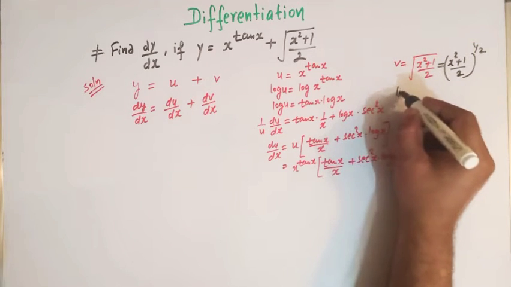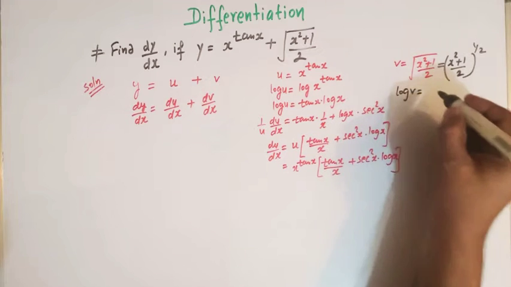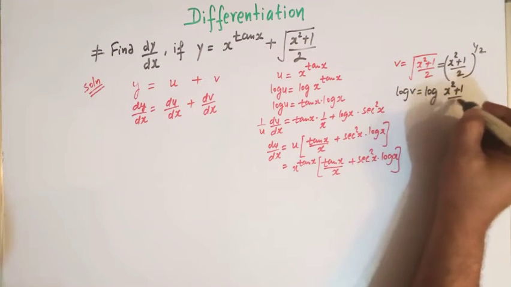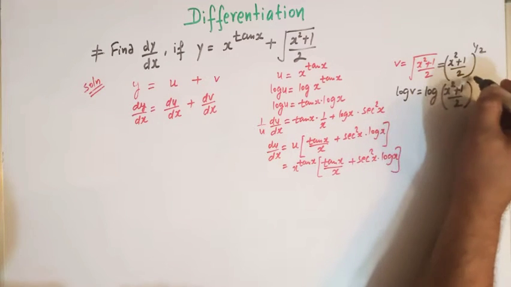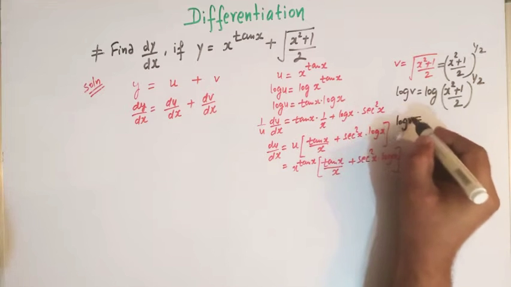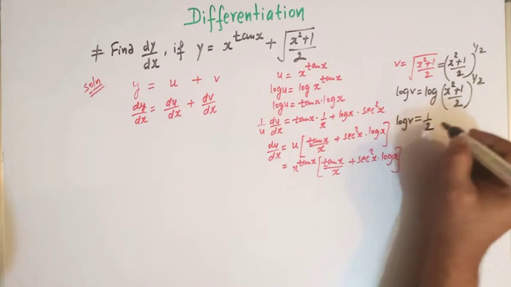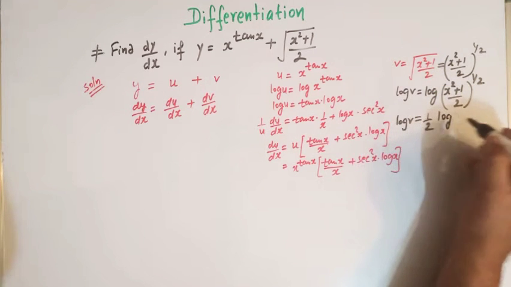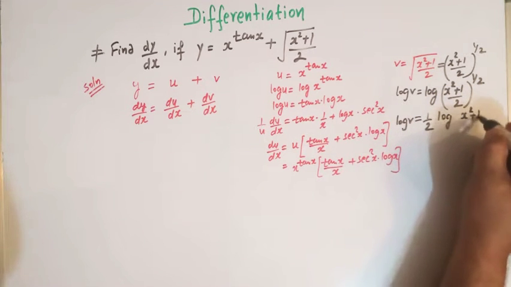Now taking log of both sides, we have log v is equal to log of (x square plus 1 by 2) raised to half, and log v can be written as half log, taking this half to this side, we have log (x square plus 1 by 2), right?